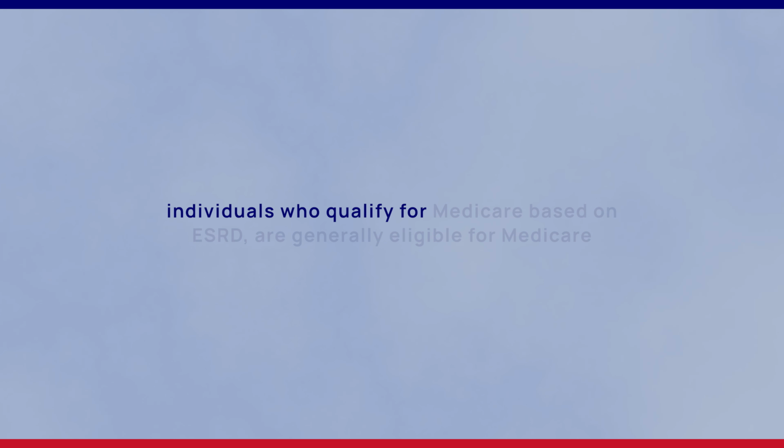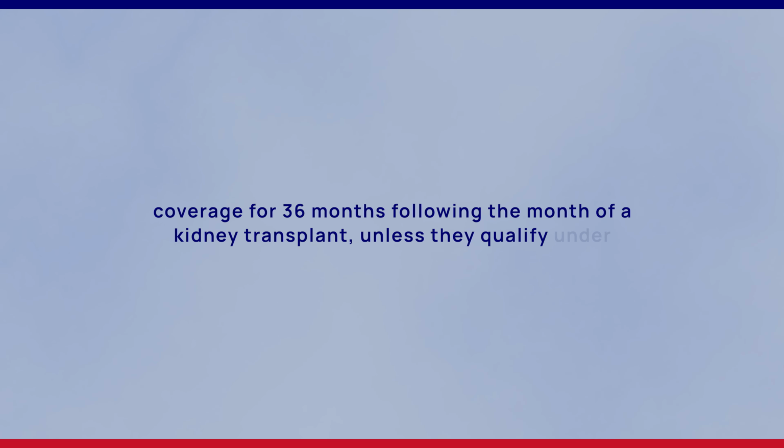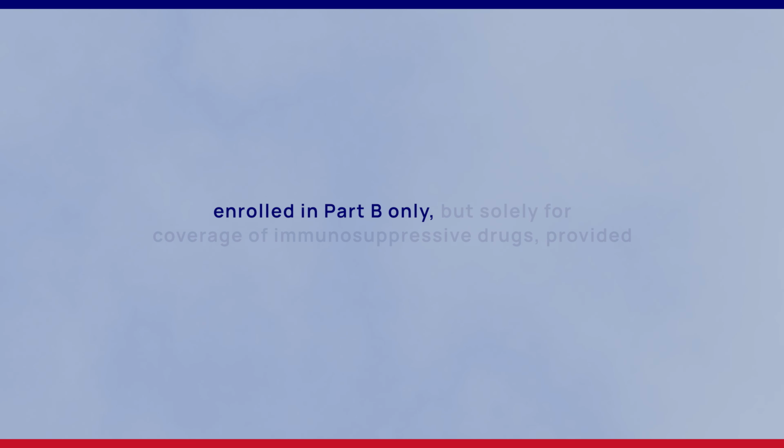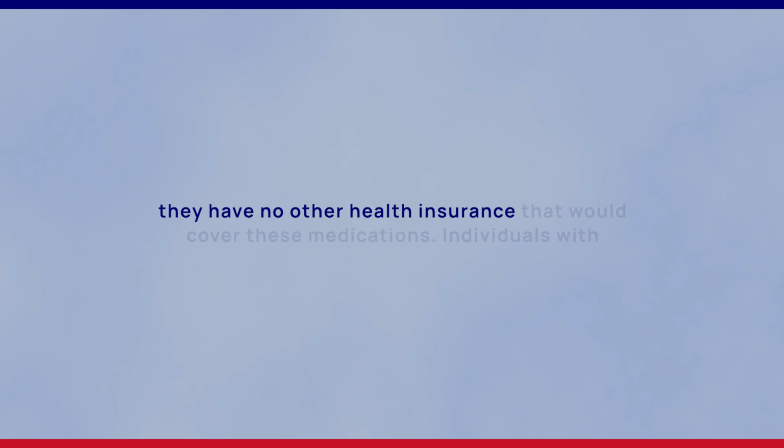Individuals who qualify for Medicare based on ESRD are generally eligible for Medicare coverage for 36 months following the month of a kidney transplant, unless they qualify under another basis, such as age or disability. After this period, they may continue to remain enrolled in Part B only, but solely for coverage of immunosuppressive drugs, provided they have no other health insurance that would cover these medications.